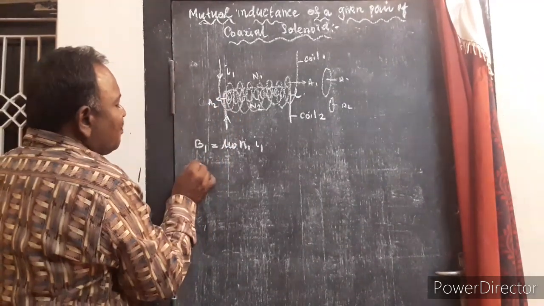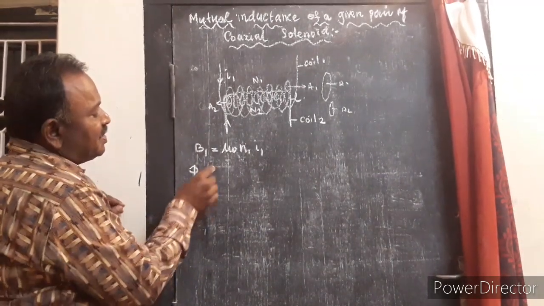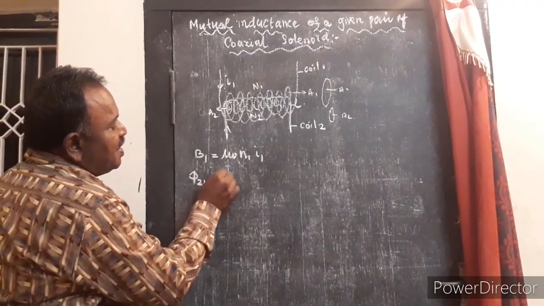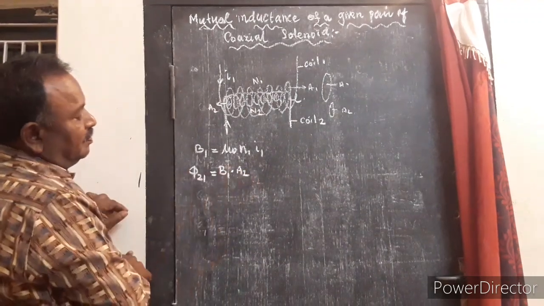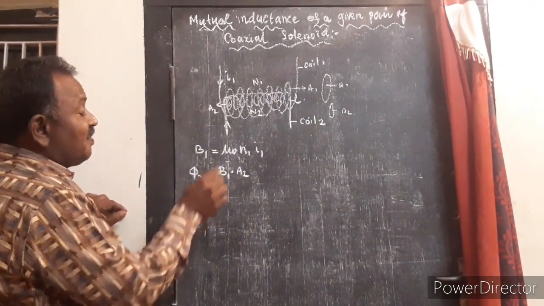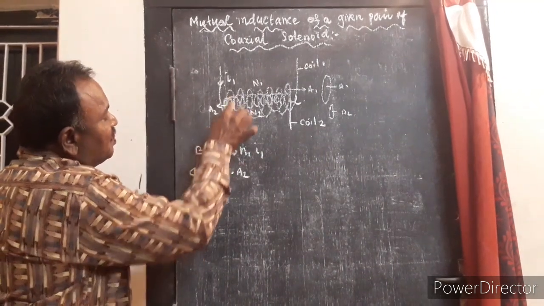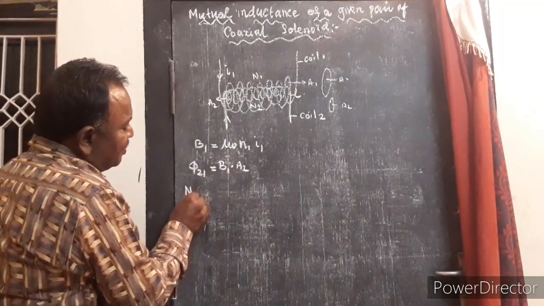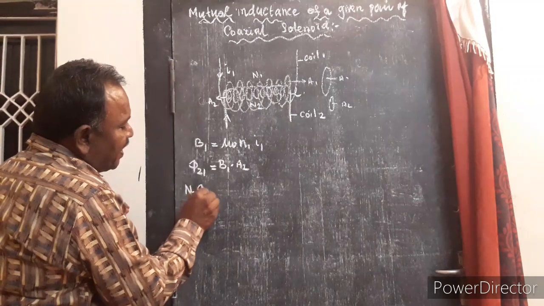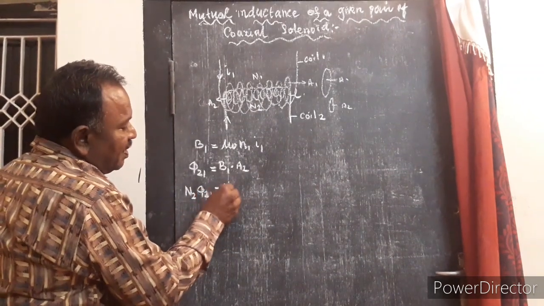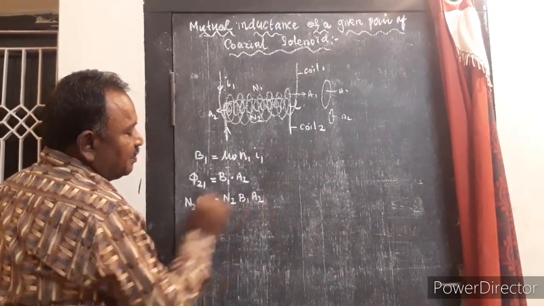The flux linkage of the second solenoid due to the current flowing in the first solenoid is given by B1 dot A2. Flux linkage for all the turns: the second one has N2 turns, so N2 phi 21 is equal to N2 into B1 into A2.